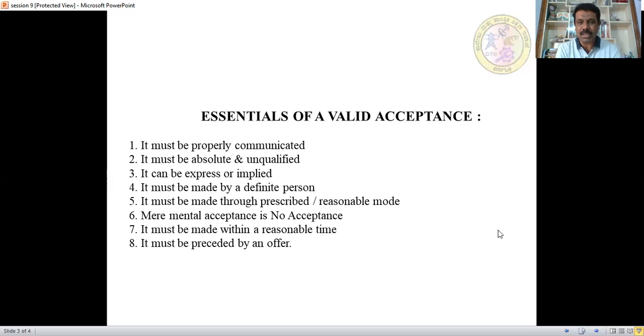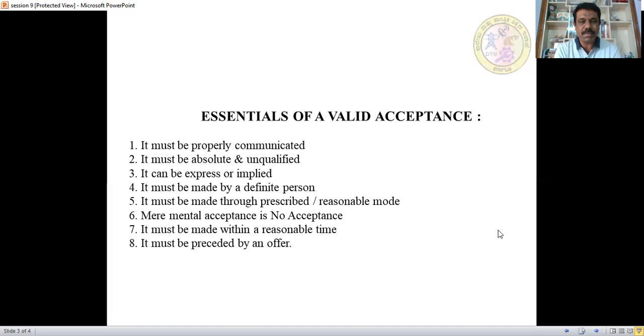In the previous discussion, it was told that an offer can be revoked due to lapse of time. So if acceptance is not communicated within the reasonable time prescribed by the offerer, then it cannot be a valid one.